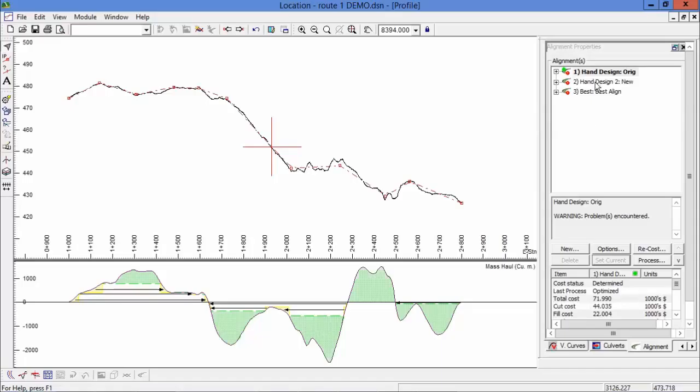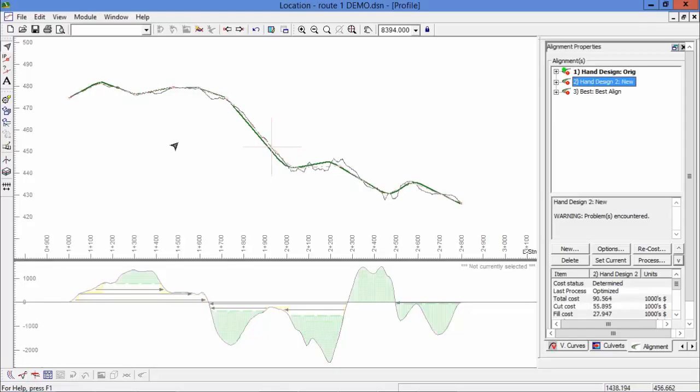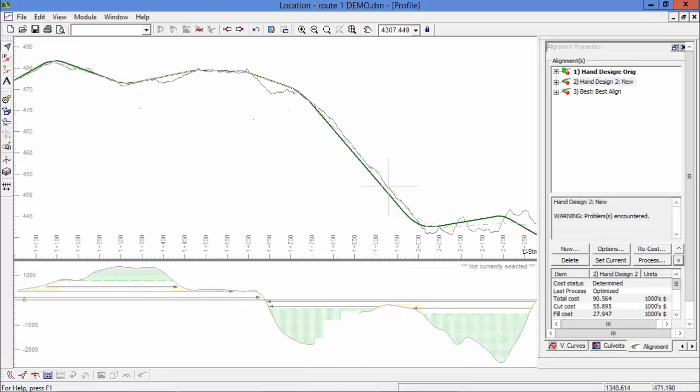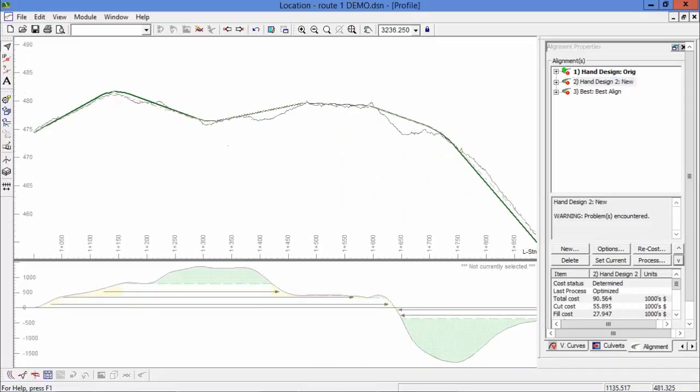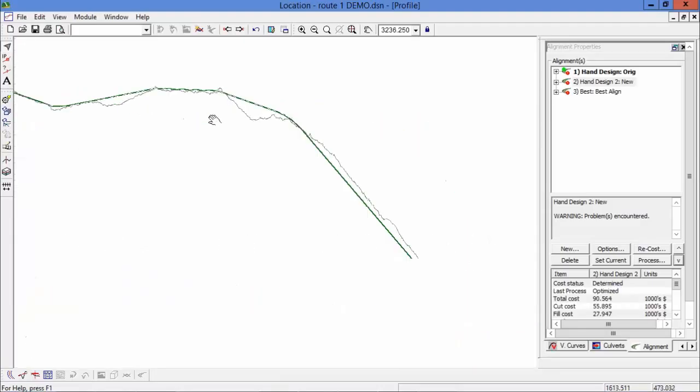So let me click on that Hand Design 2. So here's Hand Design 2. The alignment is in green. So let's zoom in a bit. As I said, I just tweaked the IPs, sorry, and you can see that they are pretty close together, right? So let's just browse along the alignment.